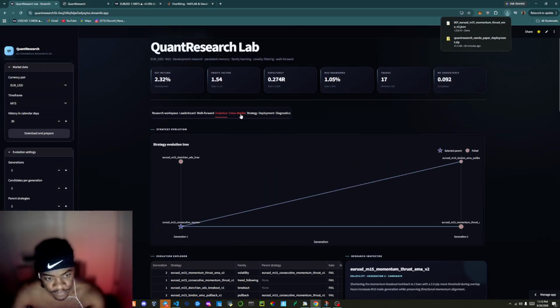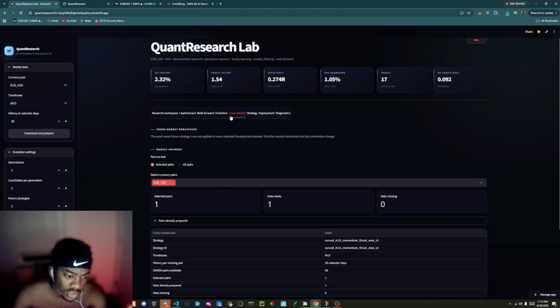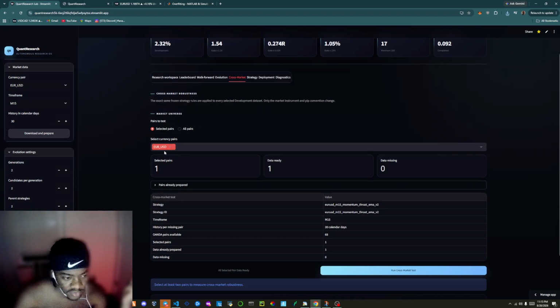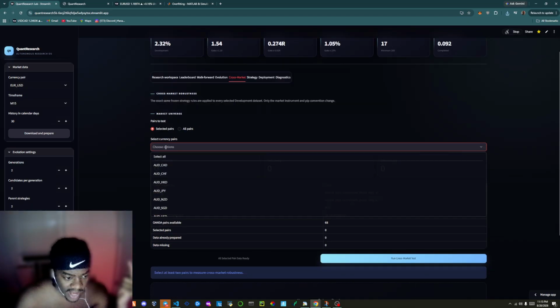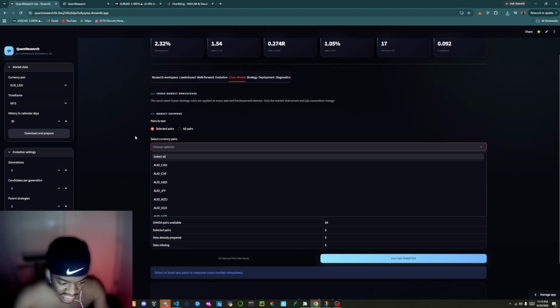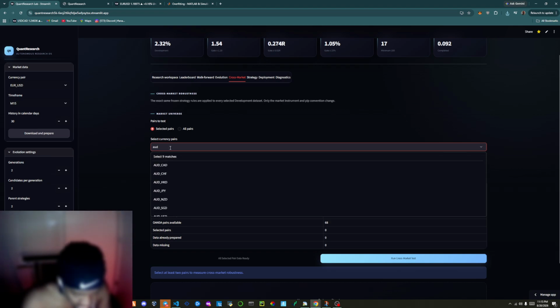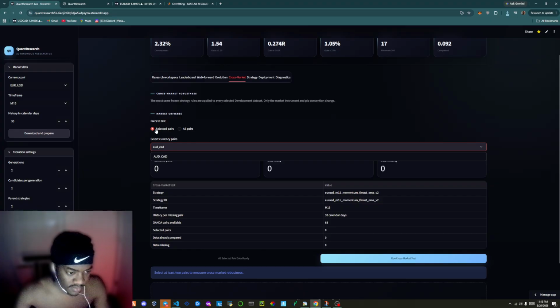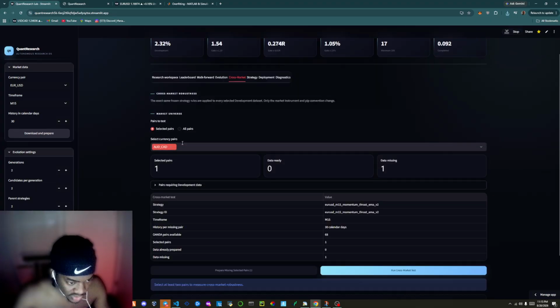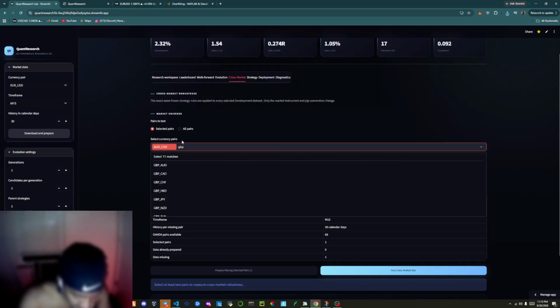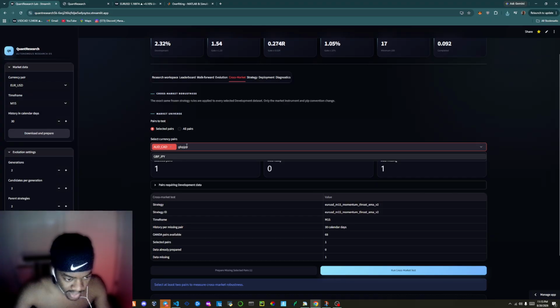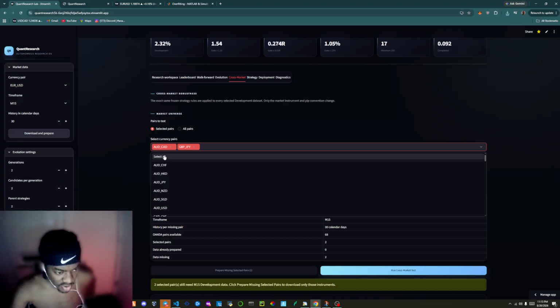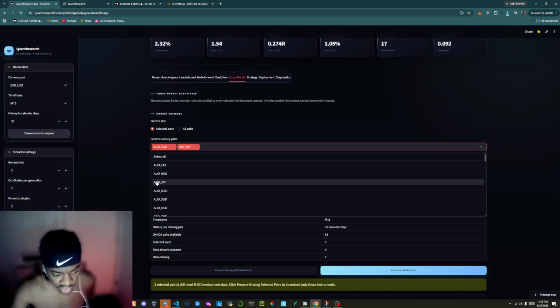But also, this next tab is our cross market research platform, where I can select this same strategy and test it across, let's just say, AUD/CAD, and see if it's profitable. And I can also test it on another one, GBP/JPY. So the Great Britain pound versus the Japanese yen. AUD/CAD is the Aussie dollar versus the Canadian dollar.